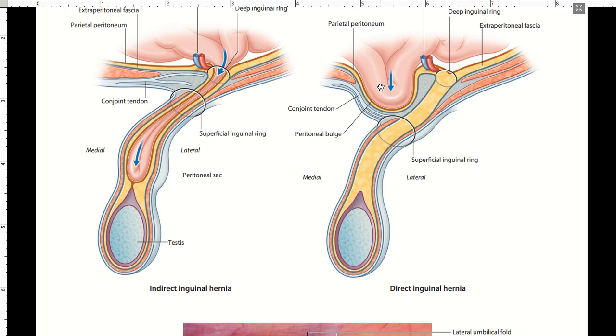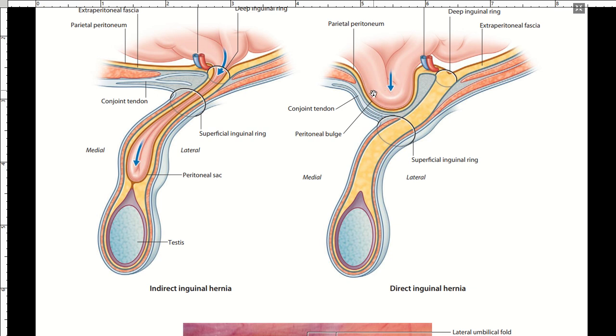So this direct hernia is called direct because it is not within the inguinal canal. Actually it's due to the weakening of the abdominal muscles, and then during cough you can have the small intestines bulging within this Hesselbach triangle, protruding outside.